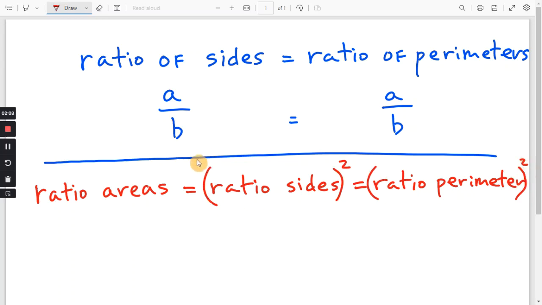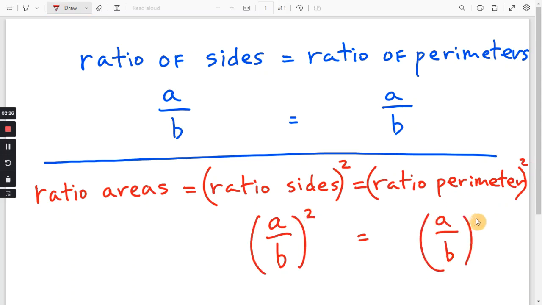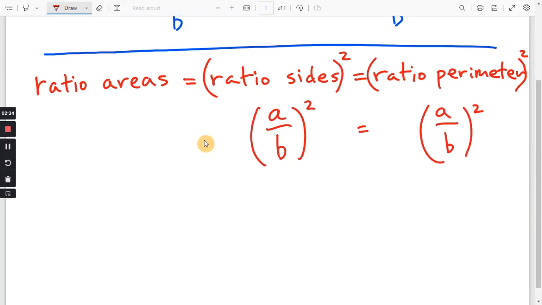So in the first case, we said the ratio of the sides and the ratio of the perimeters, let's say it was A over B. We have to take that and square it. Okay, so square it. And that's going to equal the ratio of the areas. All right. And when you square a fraction, you square the top and bottom individually. So that's going to be A squared over B squared in both cases.